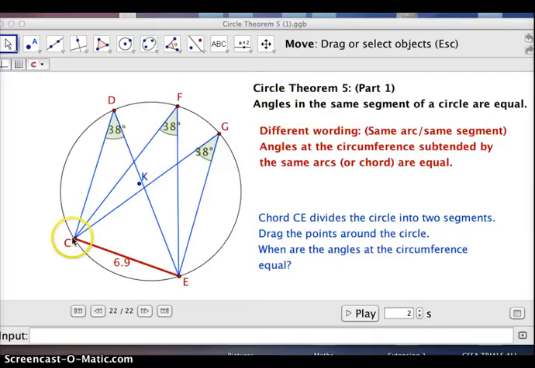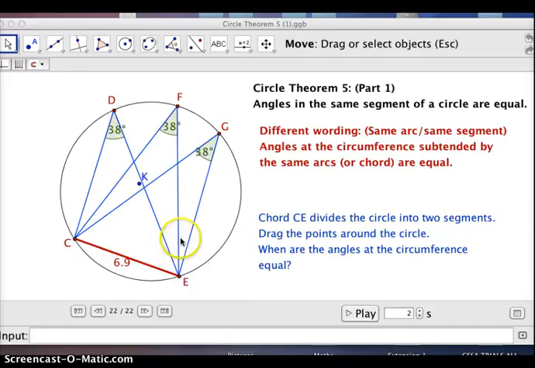Now, what that means is, if you see the chord CE, that cuts off the circle into 2 segments. We've got the minor segment down here where my cursor is, and then we've got the major segment all in here. So what we mean by angles in the same segment, see this chord CE, you can form several angles.